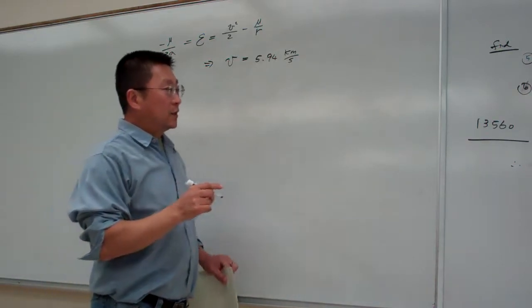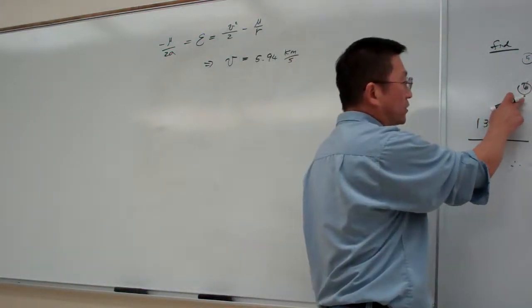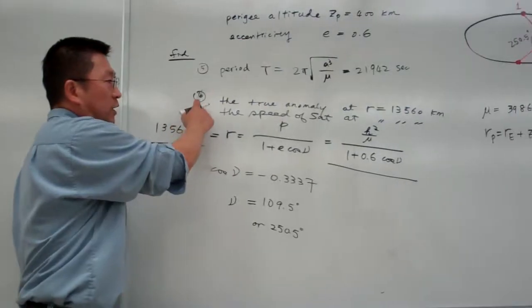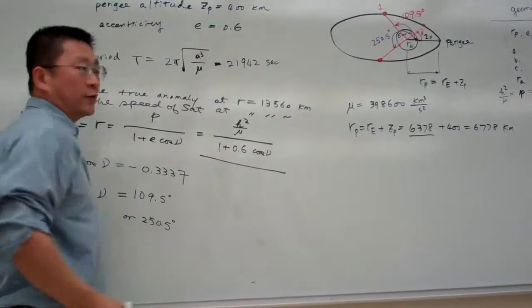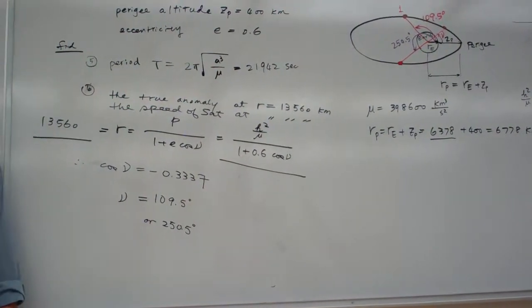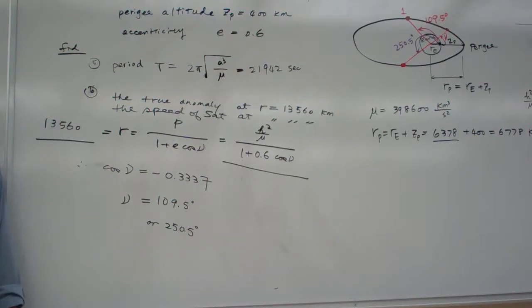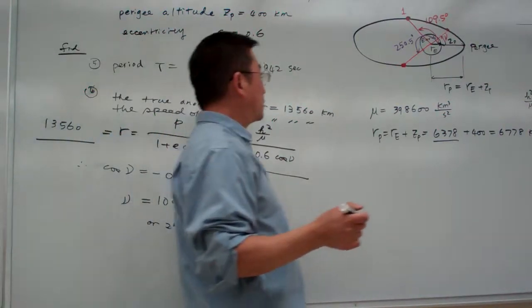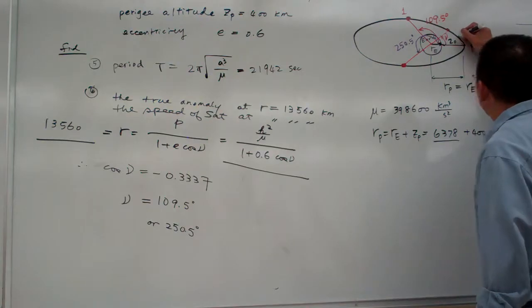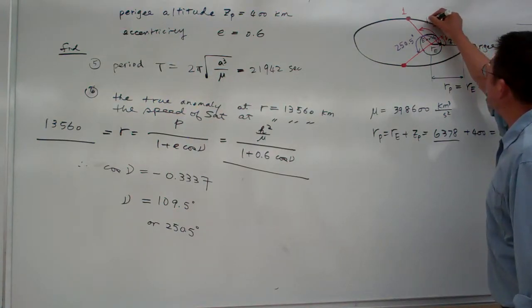And combining for 0.6, if you keep changing the radius r value, you should be able to work out the speed of the satellite at any location on the orbit.